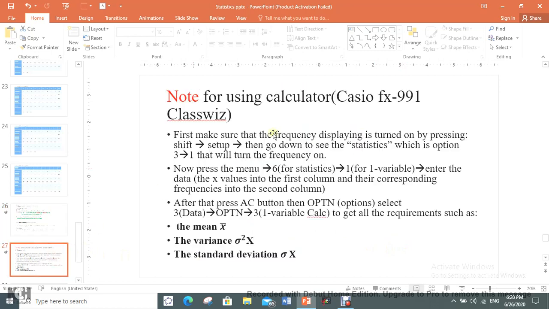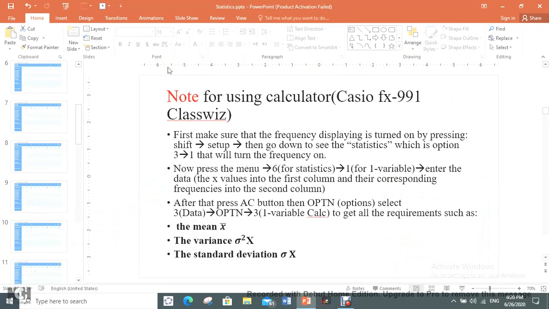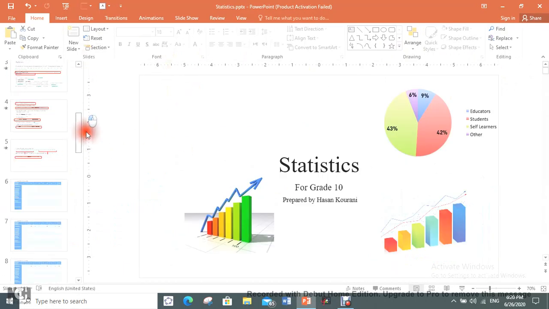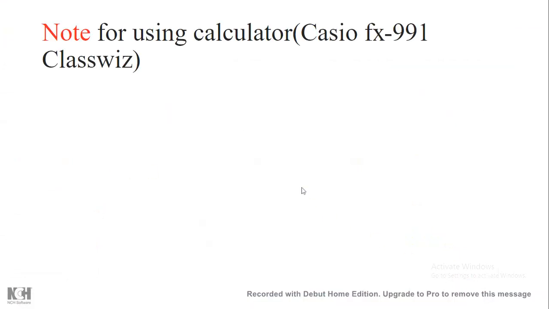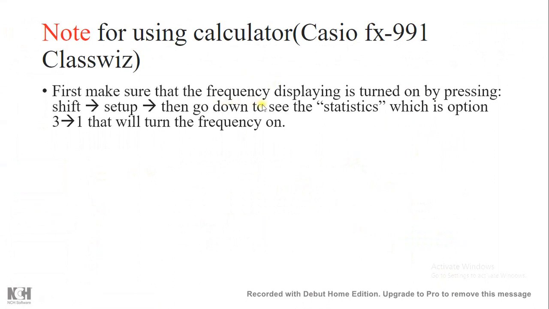Using the calculator, for example in the case of FX991, first make sure that the frequency display is turned on by pressing Shift, Setup, then go down to Statistics, which is option 3. Then press 1, and that will turn the frequency on.